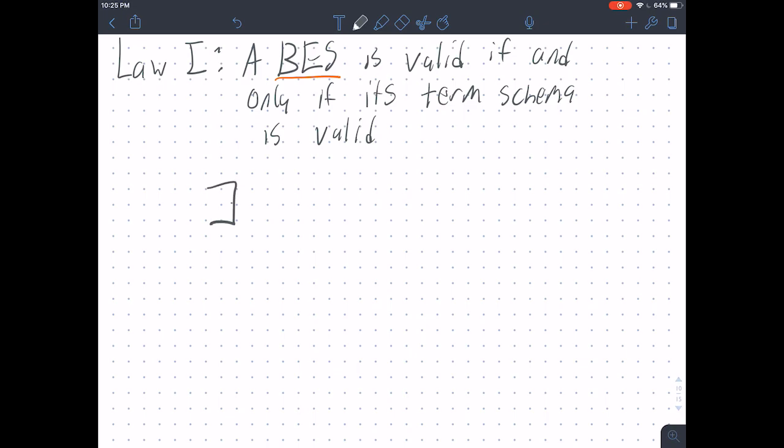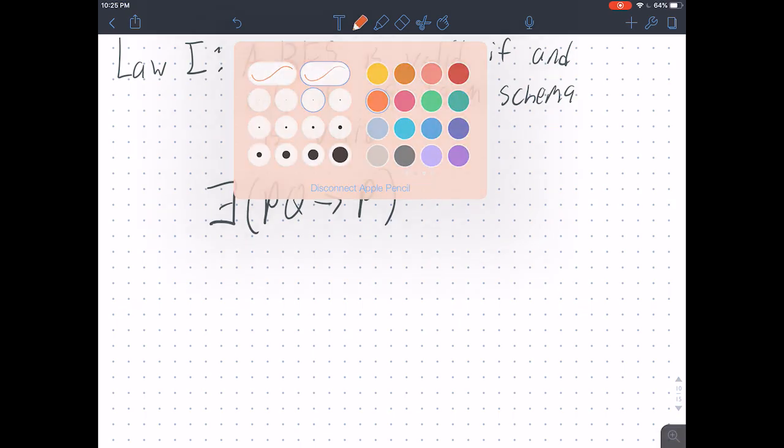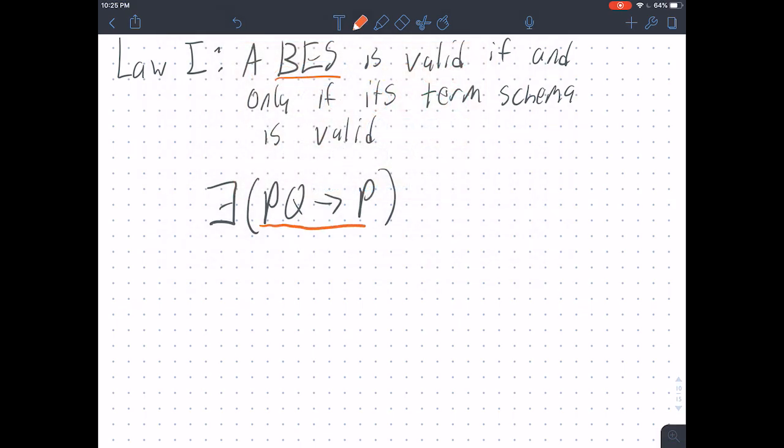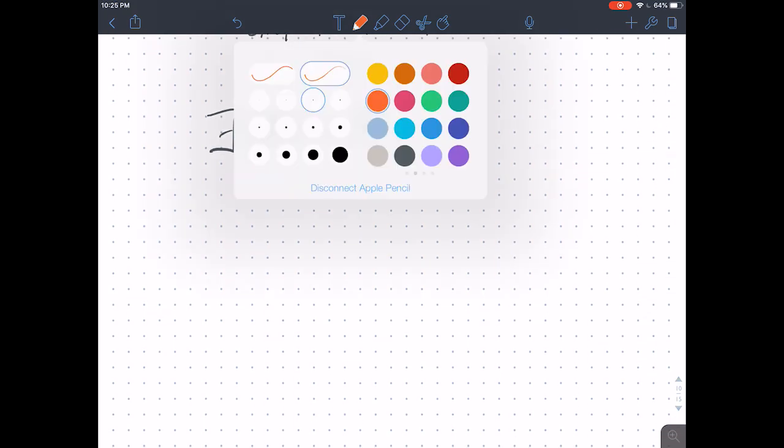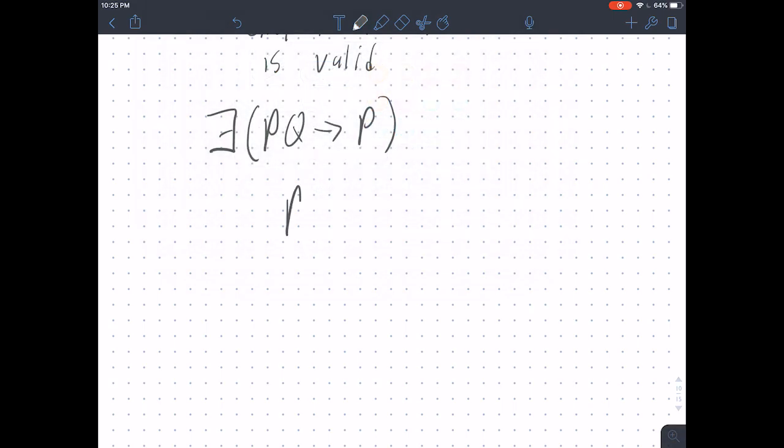So if we have this, we would test the Boolean term schema inside of this Boolean existence schema, which is this. The thing I underlined there is the term schema, and we test it for validity with truth value analysis.